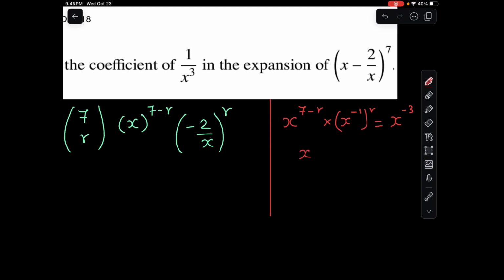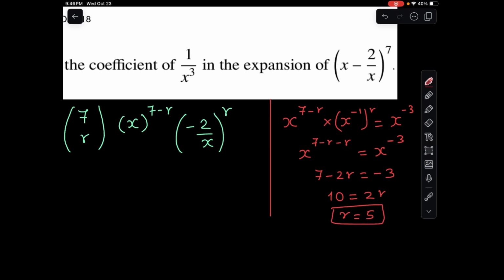Apply the rules of indices: x to the power of 7 minus r is equal to x to the power of minus 3. Equate the coefficients. So 7 minus 2r is equal to minus 3, or 10 is equal to 2r, or r is 5.